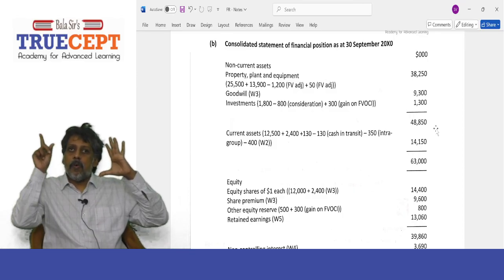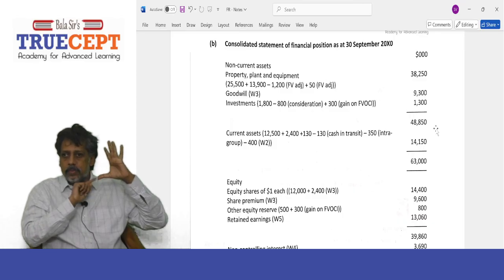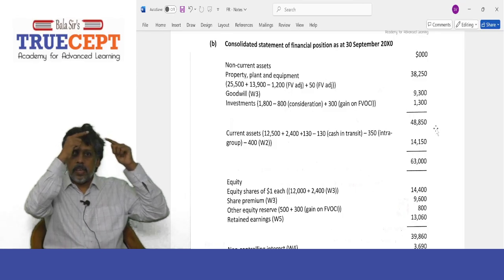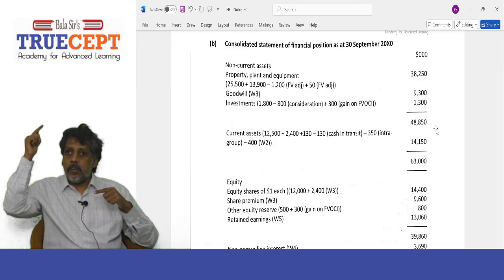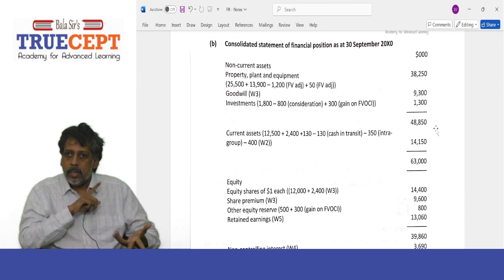You also had a 480 receivable. Now what happened? I wrote a check for 130. The minute I write a check, what will I do? I will reduce my payable to 350. But you have not reduced your receivable because you haven't received the check.